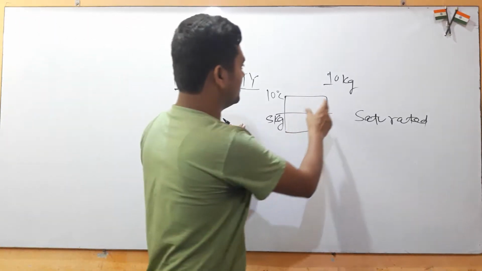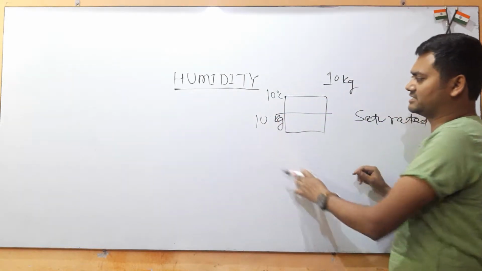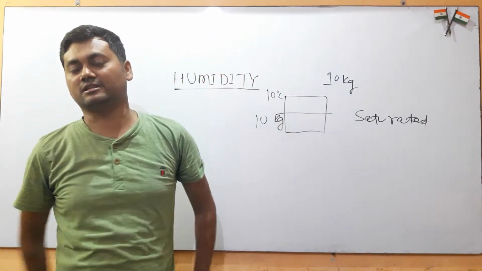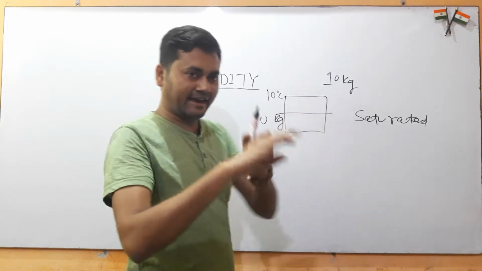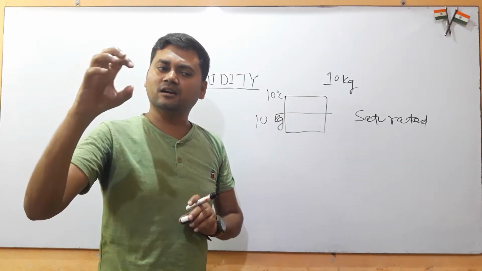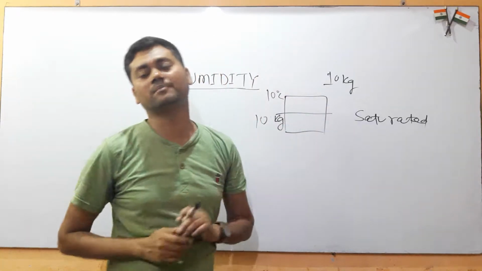And if instead of 5 kg it goes to 10 kg, it means it is now 100% saturated. Why? Because, as I told you, any air has a definite amount of humidity which can be held by that air.